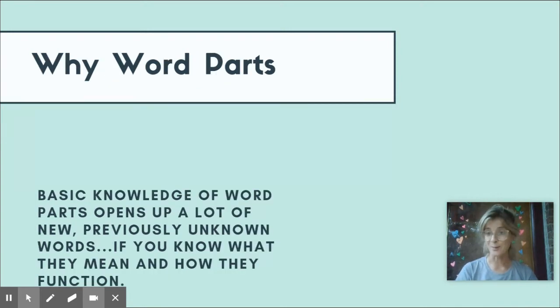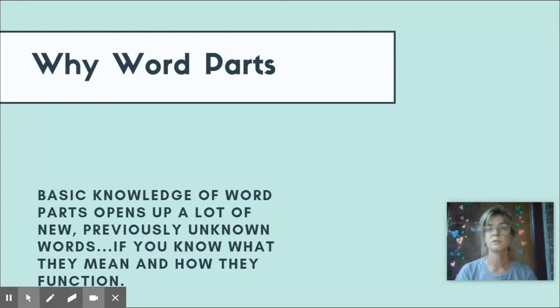The next thing I'm going to talk about is word parts. So essentially, why it's important to know both vocab words, content vocab words that you might have, but also be able to break down words into their different component parts. The big reason for this is because if you can break down words into their component parts, so if you know what a prefix is, a base word is, a suffix is, and you know some of the meanings of those, you can really open up a lot of words to yourself that you maybe were not familiar with before.